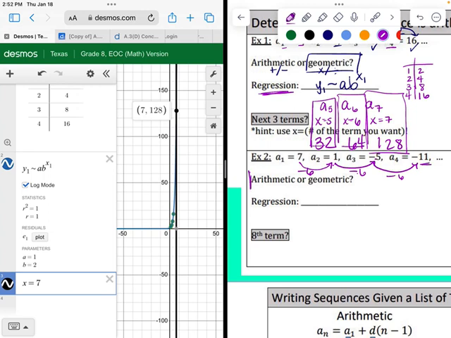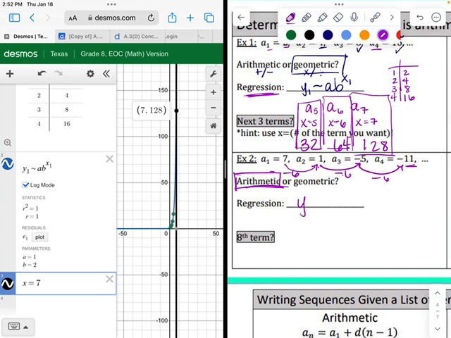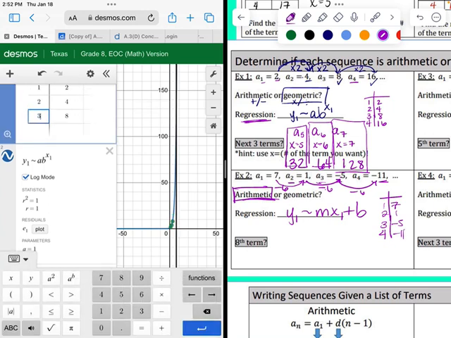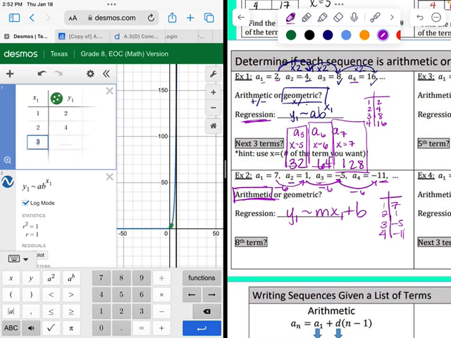So in this case, it's arithmetic, which means I have to use y1 squiggly mx1 plus b. Slightly different. So my table, same thing. I'm going to draw it real quick: 1, 7, 2, 1, 3, -5, and 4, -11. So I'm going to put all those numbers on there.